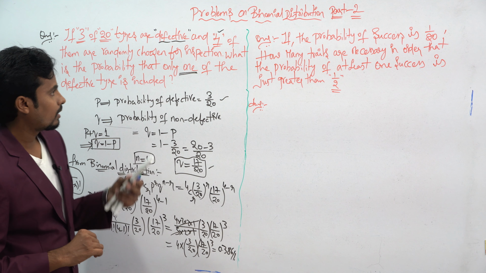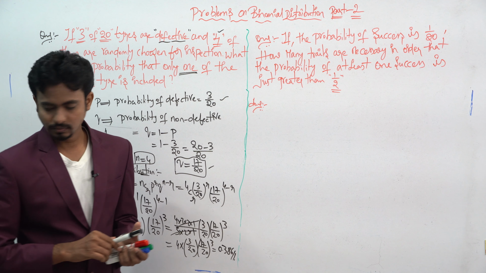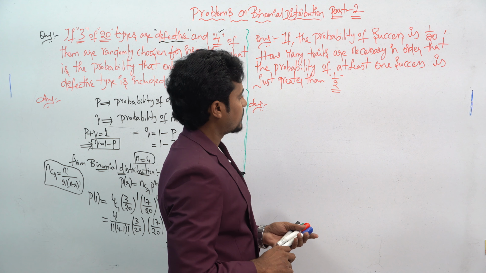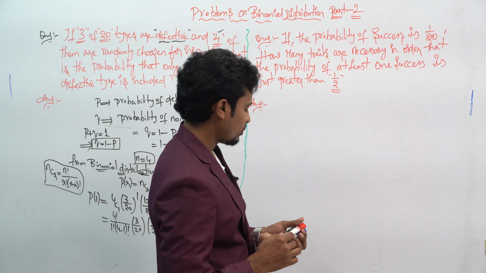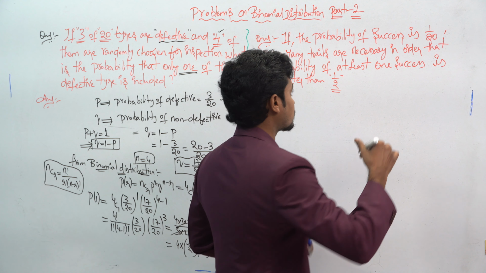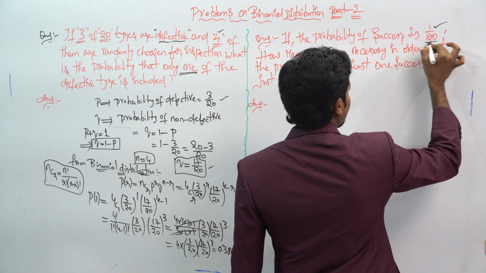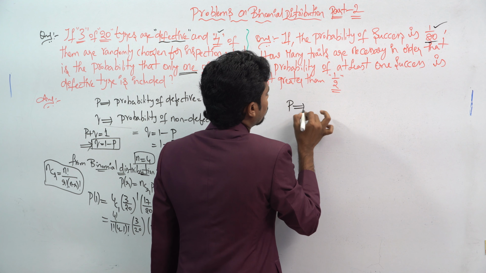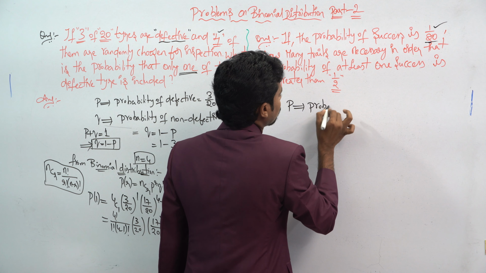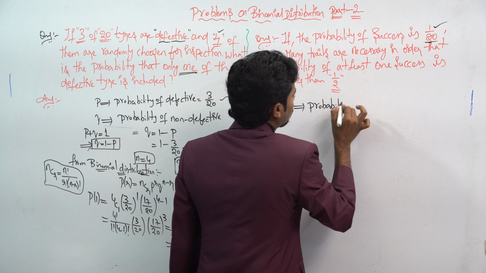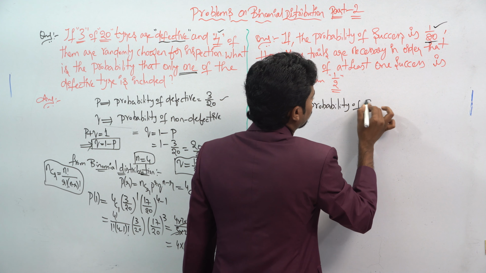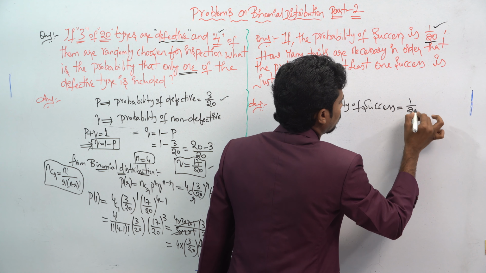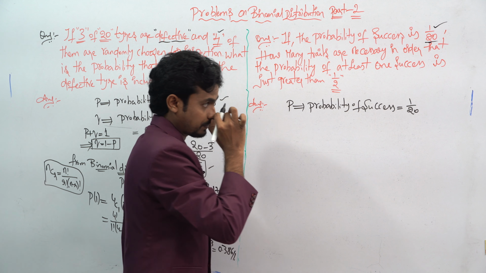Now let's see another question. The probability of success is 1 divided by 20. Probability of success is P, so P is equal to 1 divided by 20.